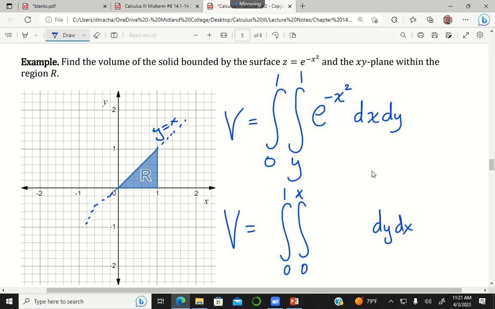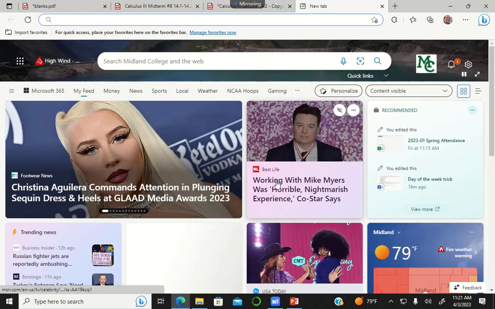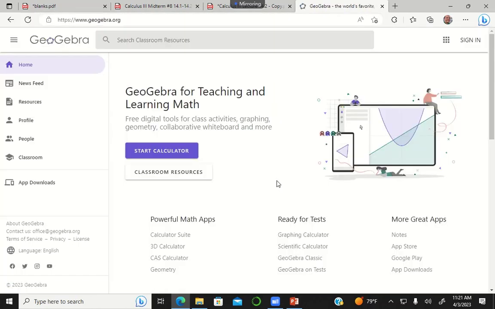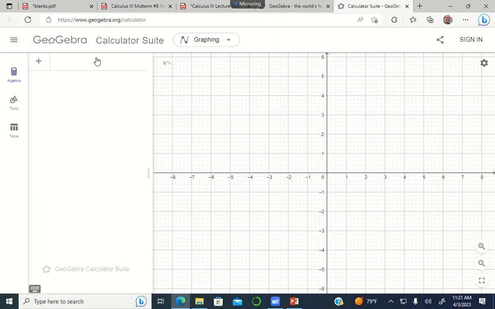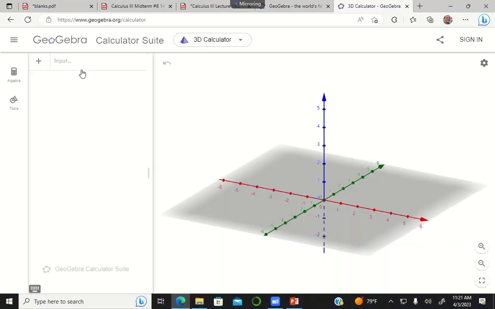So the graph of z equals exponential of negative x squared, is it only on the xz plane or is it on the whole plane? That's a good question. You're saying z equals e to the negative x squared is really only a function of one variable, right? And so with respect to y, that function would be constant.